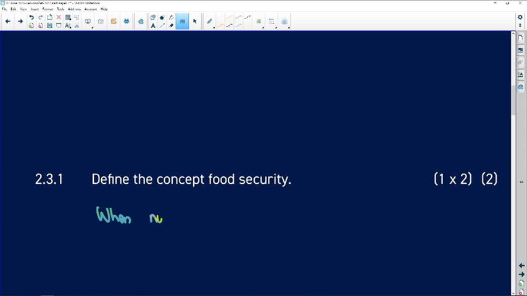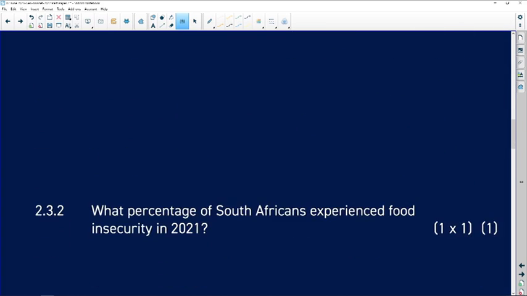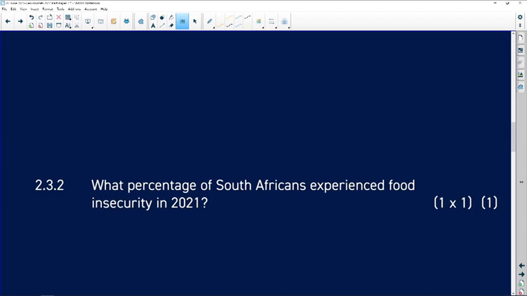When nutritious food is accessible to everyone in the country. 2.3.2, what percentage of South Africans experience food insecurity? I've underlined it in the case study. The correct answer was in the case study, it was 23.6%.